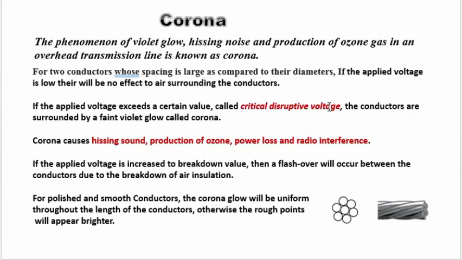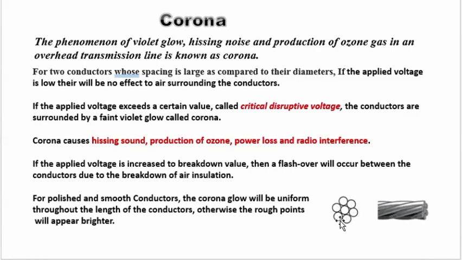Dear students, the corona effect is actually the ionization of air. At higher voltages, the air surrounding the conductor gets ionized, and this ionization of air is because of a non-uniform electric field, and this non-uniform electric field actually arises because of the asymmetry of spiral conductors.